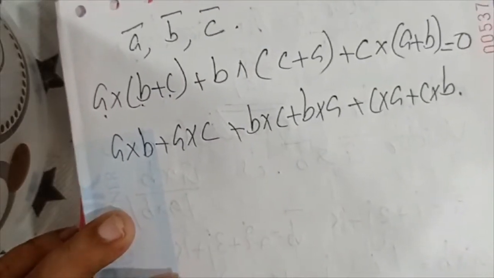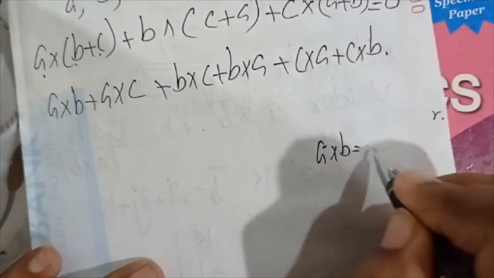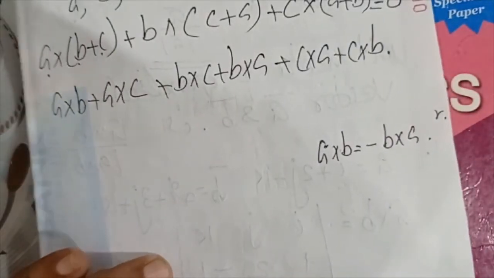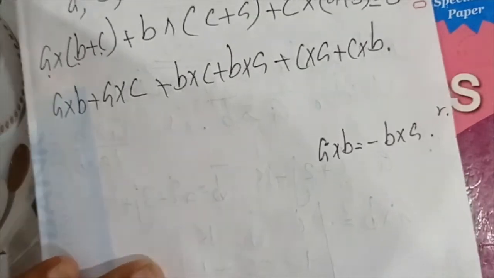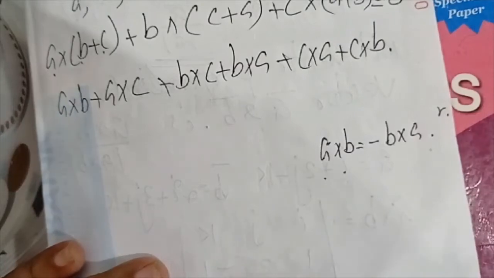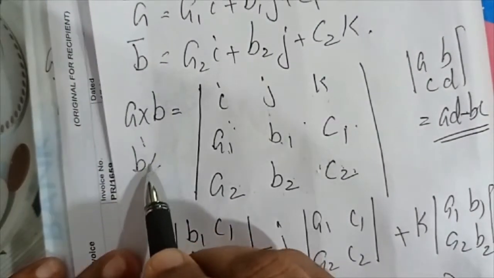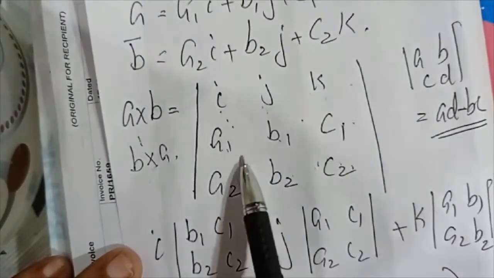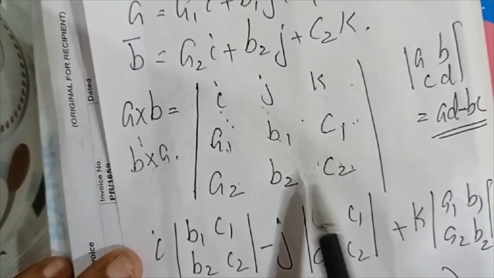Now listen, in this determinant, A cross B is equal to minus B cross A. Can you say the reason for that? When you find A cross B, we use the determinant method, isn't it? Suppose my question is B cross A. Look at the board. The first line is i, j, k, the second line is A2, B2, C2, and the third line is A1, B1, C1.